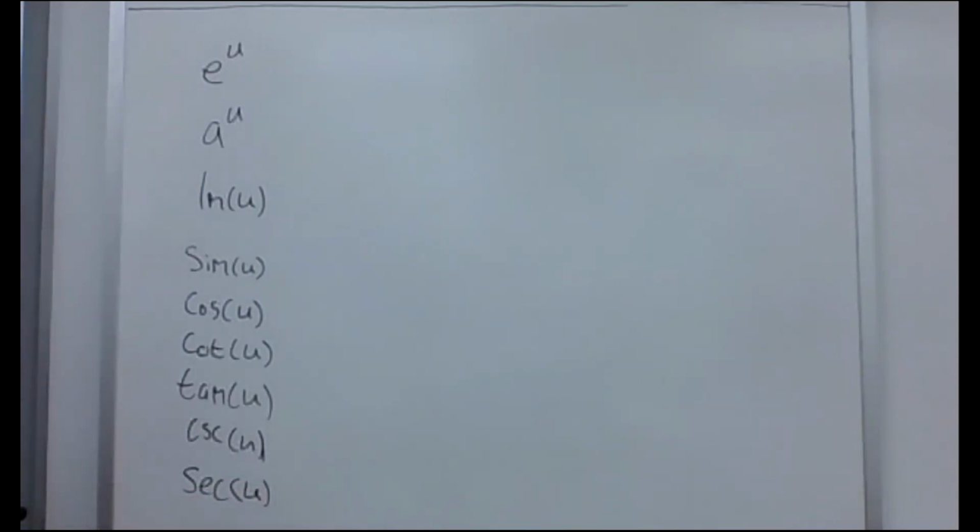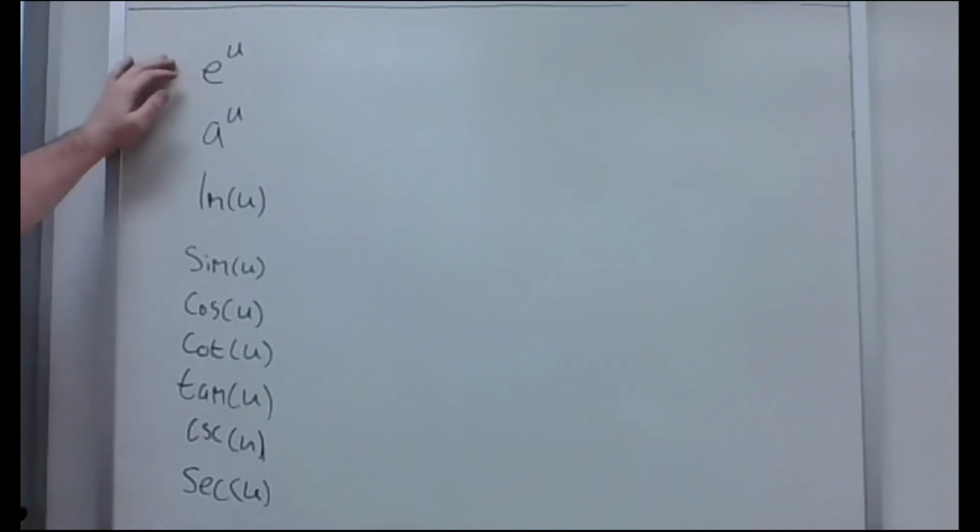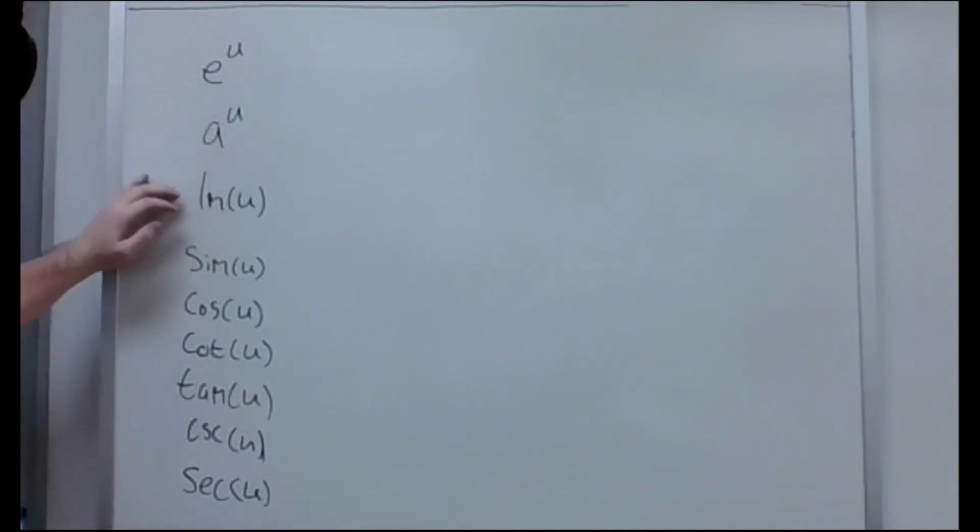So this is the stuff that's new on the test derivative-wise, and it's important to always remember that these are always going to have an inside function, so they're always going to end up with the chain rule.